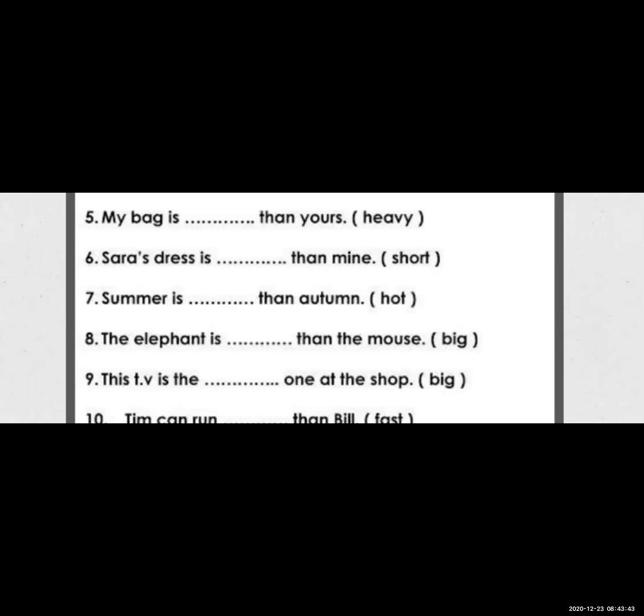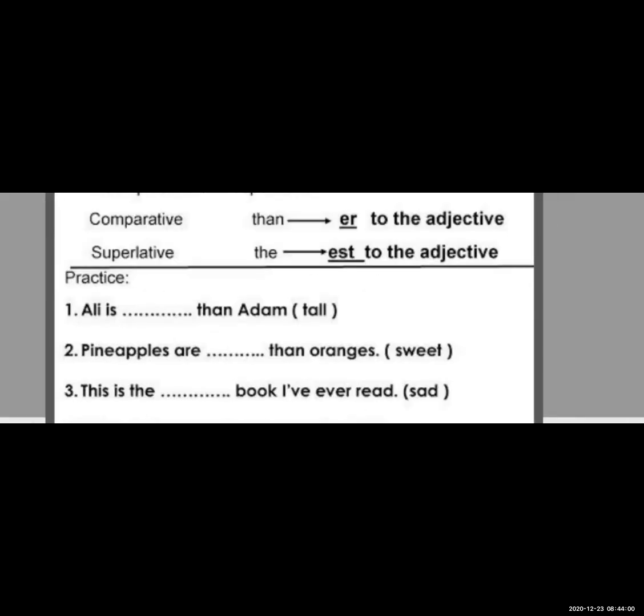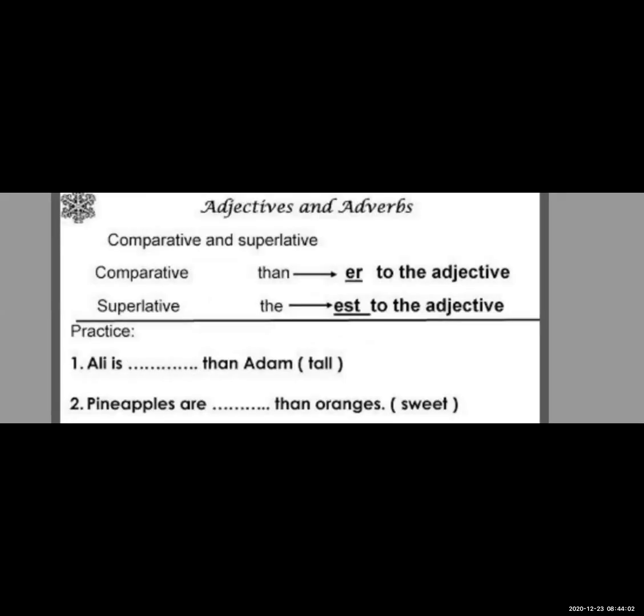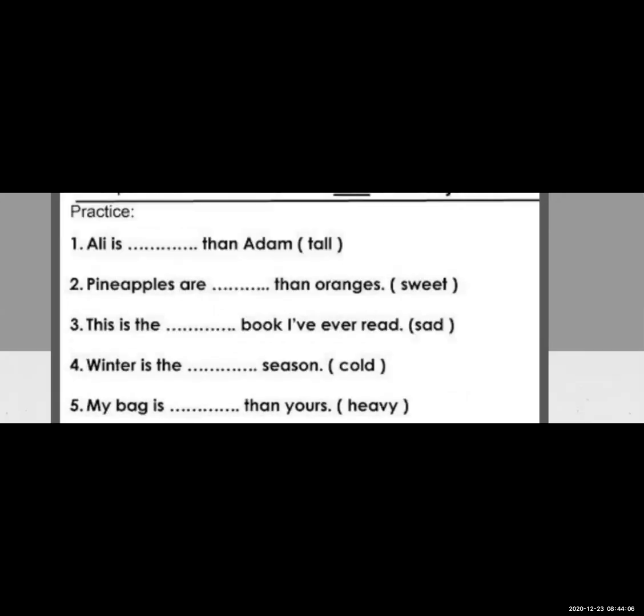Okay, the seventh example, summer. In summer, what do we have to add? Again, which word is there? "Than" is there. Okay, in the sentence "than" is there, so hot will become hotter. You have to see here again, if "than" is there we have to add "er", and if "the" is there then we have to add "est".